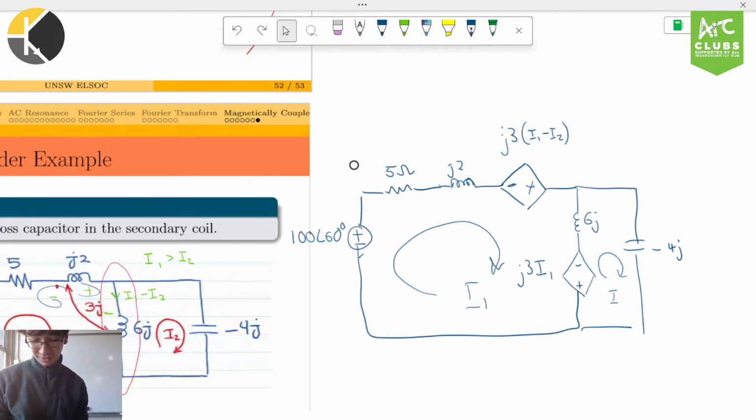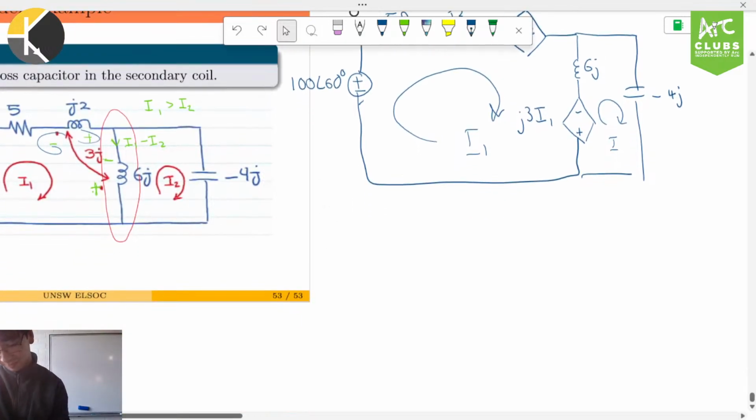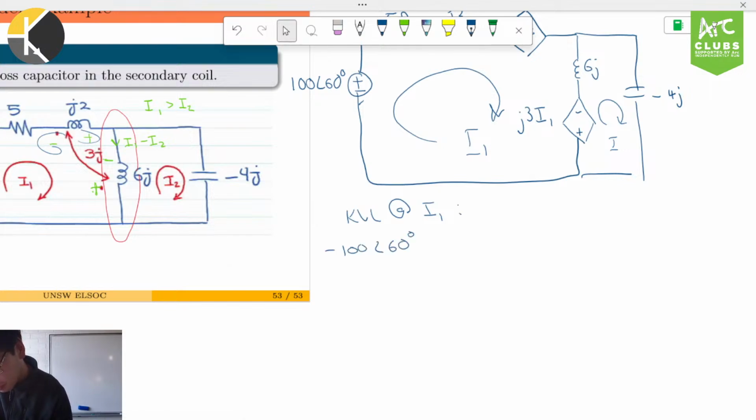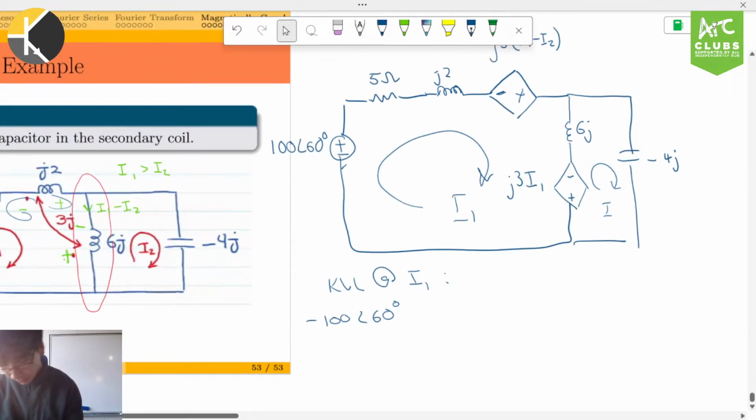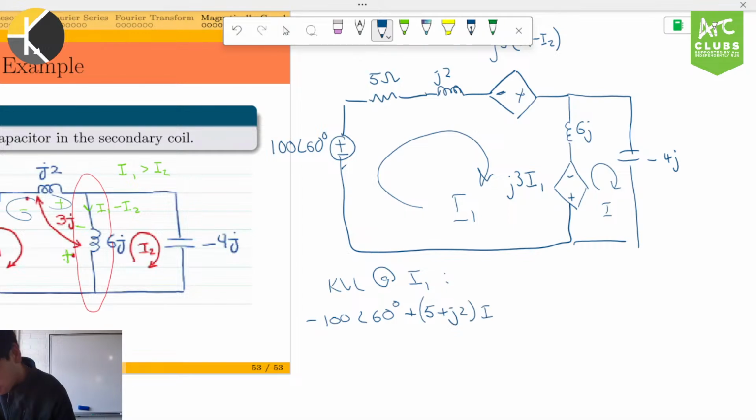Cool. So we'll apply KVL for I1. So we have 100, then we have 5 plus j2, and the current flowing through those is I1 minus our dependent voltage source.